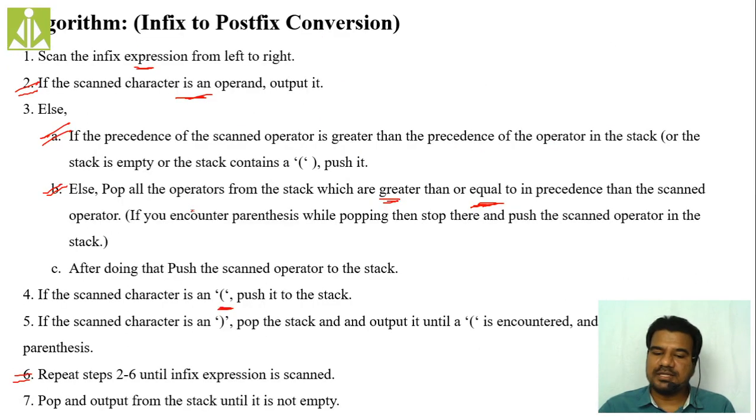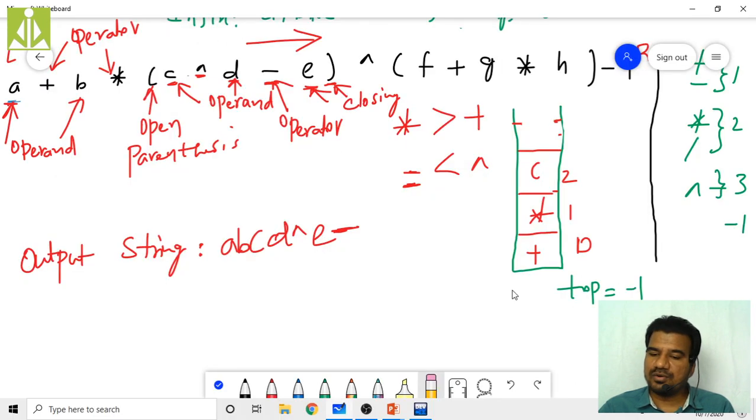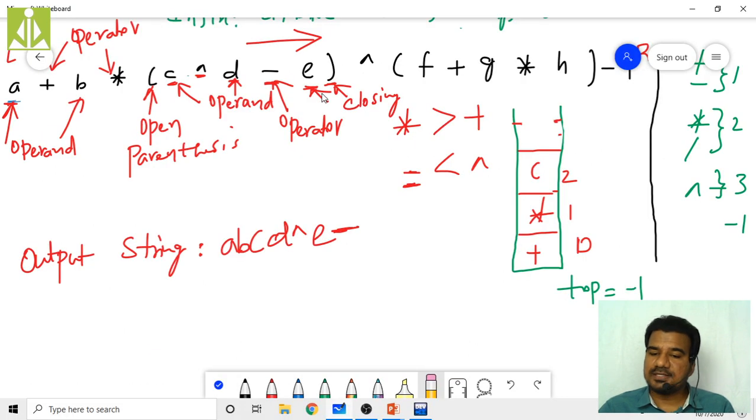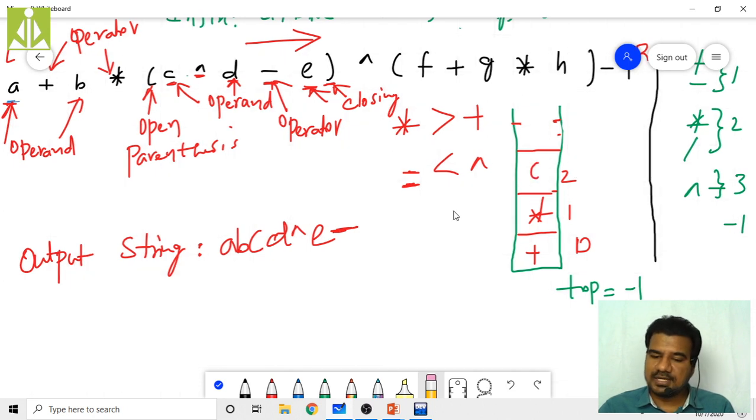So after popping that minus, till what extent do we have to pop? Till we found this open parenthesis. So now we found it. Discard both the parentheses: the closing parenthesis we got, we discard, as well as this open one.